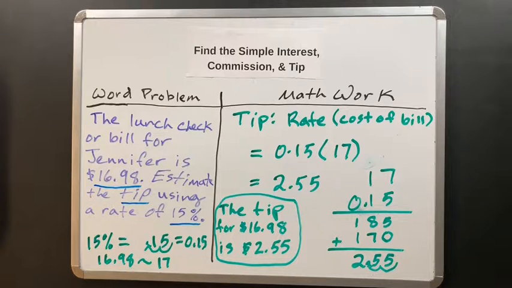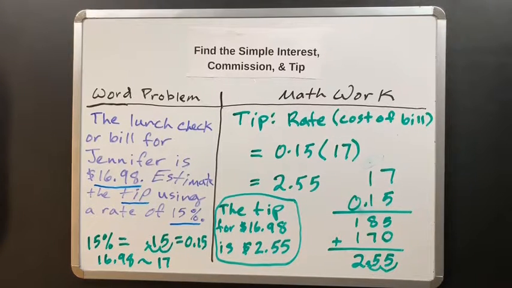All right, so that's how you can calculate the tip. Now, of course, we could have done it a quick way in our head. We also could have just said, okay, what's 10% of 17? You just move that decimal over 1 space, and then that's 1.7. But they want 15%, so we do another 10%, which is 1.7, right? But you need half of 1.7 to make it 15%. So you take half of 1.7, right?